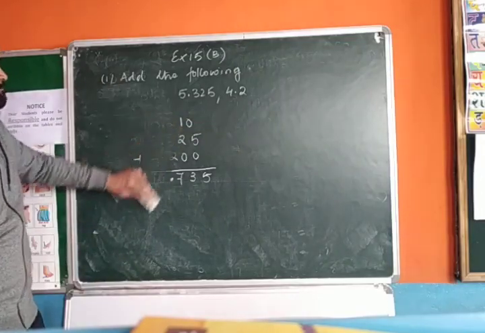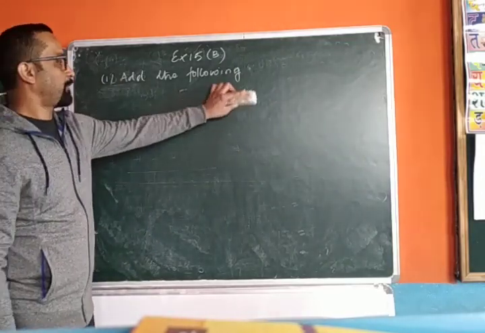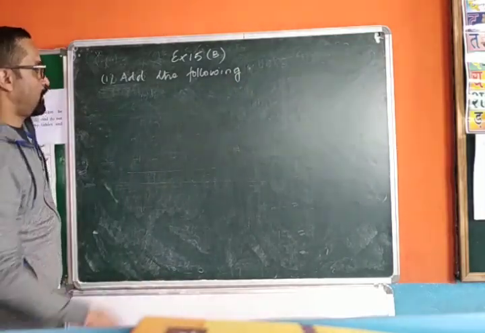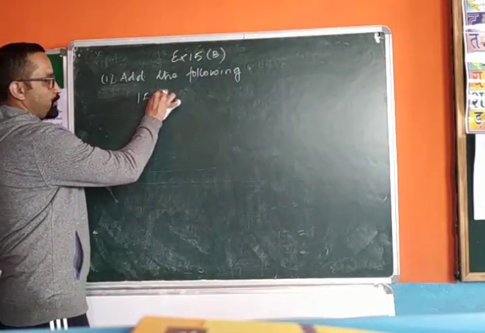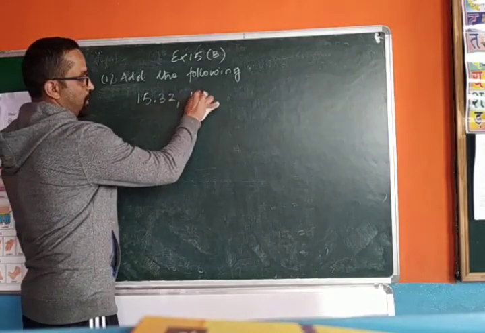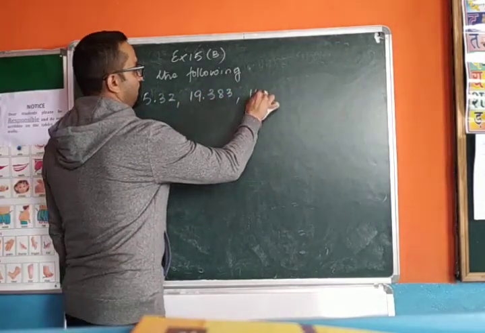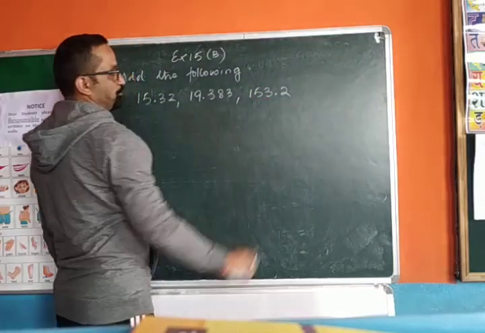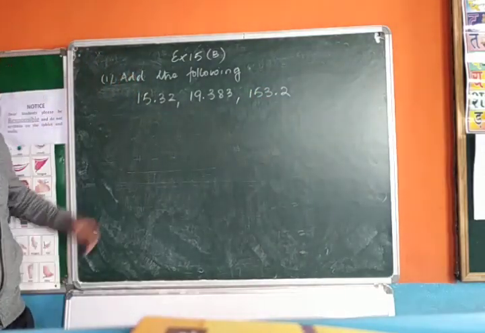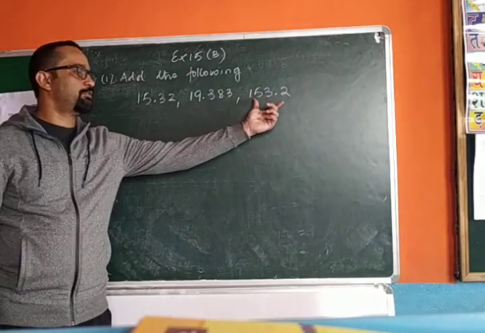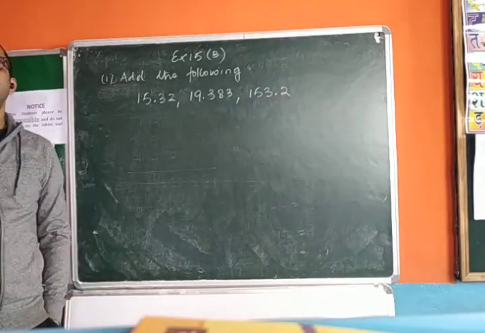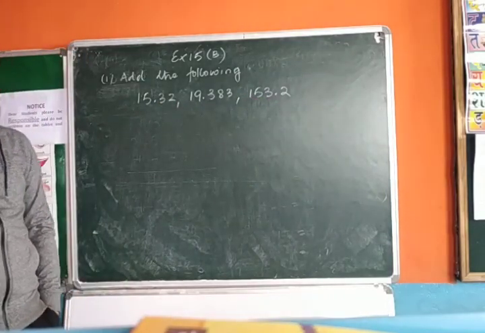I'll give you another example. 15.32, 19.383, 532.2. Look at this. You have 3 decimal fractions. They are unlike decimal fractions.